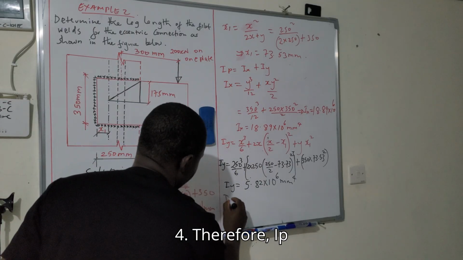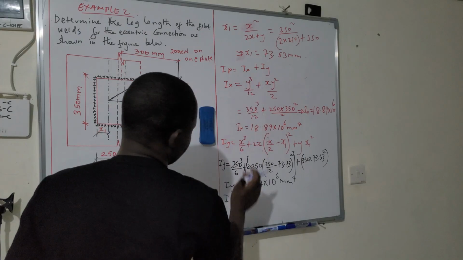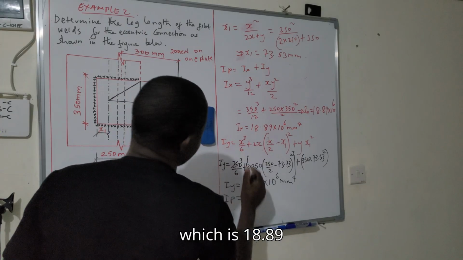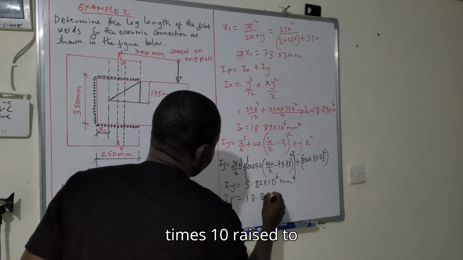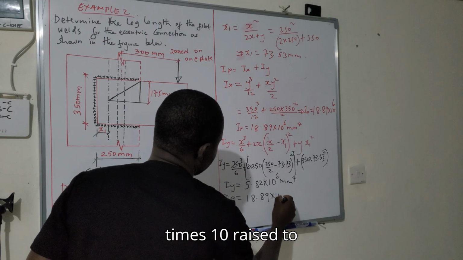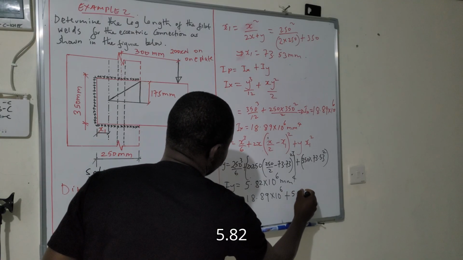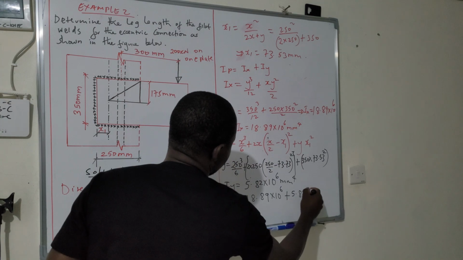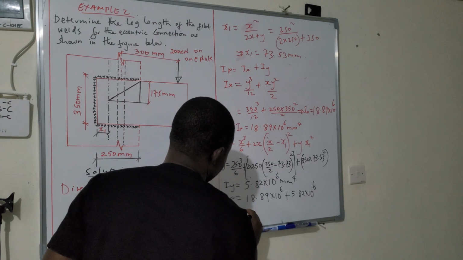Therefore, Ip is equal to Ix, which is 18.89 times 10 raised to the power 6, plus 5.82 times 10 raised to the power 6.